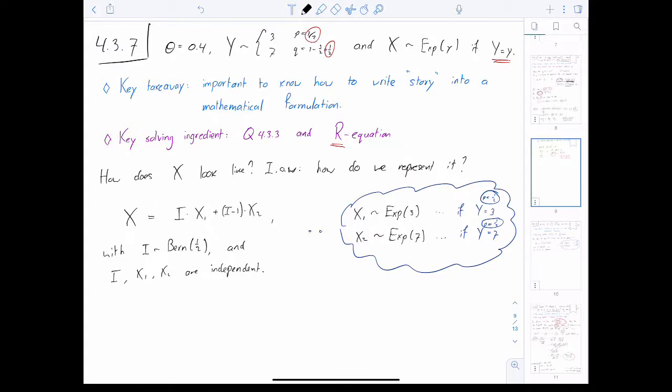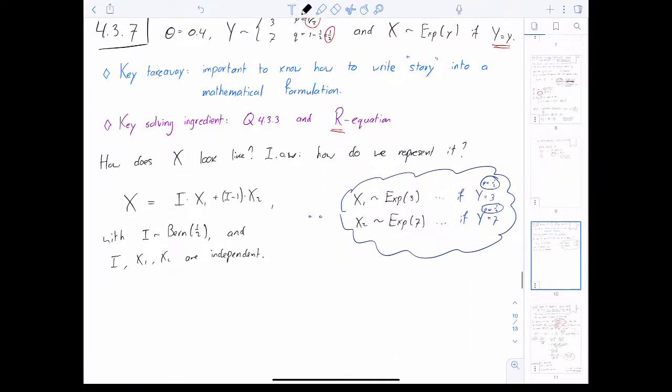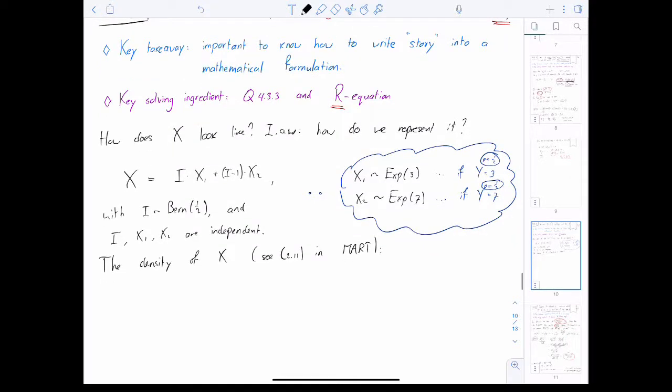Alright, so now we have a formulation for X, and from there we can write down, using this independence property, the density function of X. To see this, see equation 2.11 in the book. It's given by the sum.